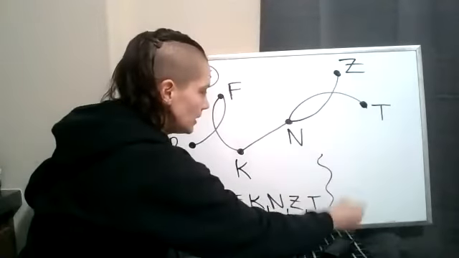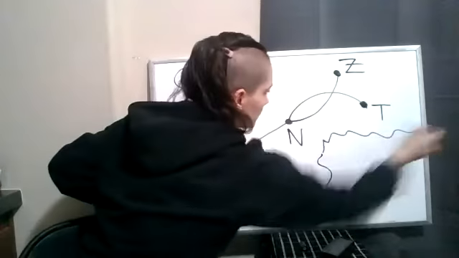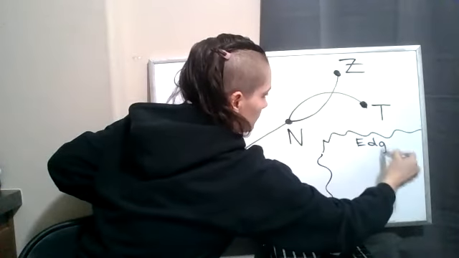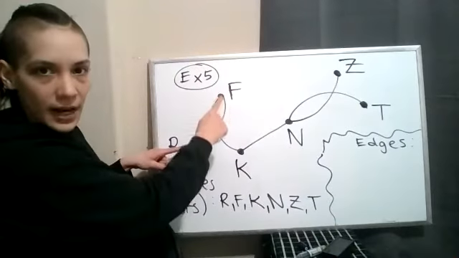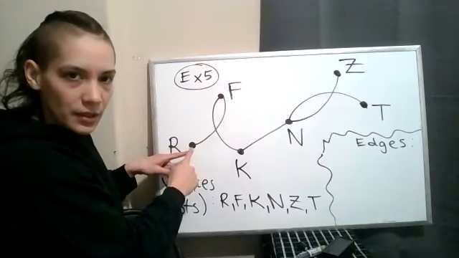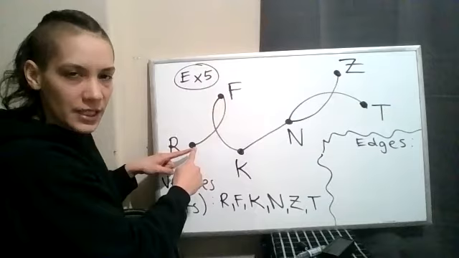Let's put the edges in this corner over here. So there's RF. There's a connection between those vertices.